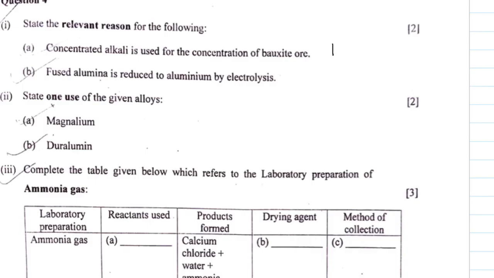Okay, hope you're getting it right. Hope you're counting your marks. So that would be 1 mark for this, 1 mark for this, and 1 mark for this. State one use of the given alloy. Now magnalium and duralumin. Now magnalium is light, tough and hard alloy of aluminium, and it is used in scientific tools.